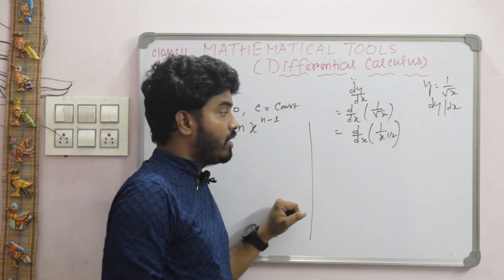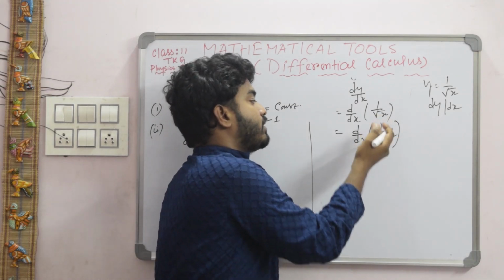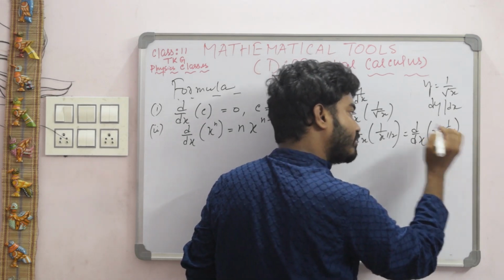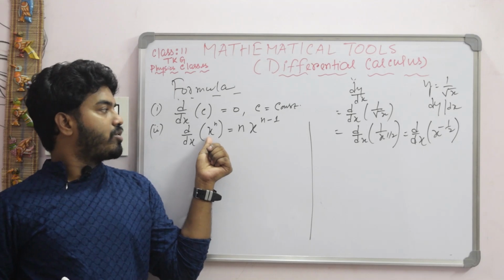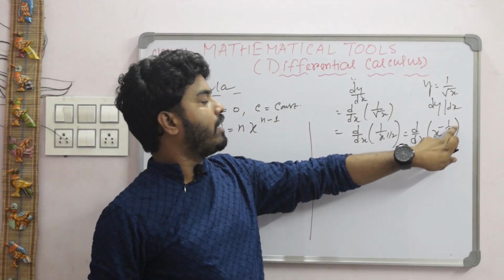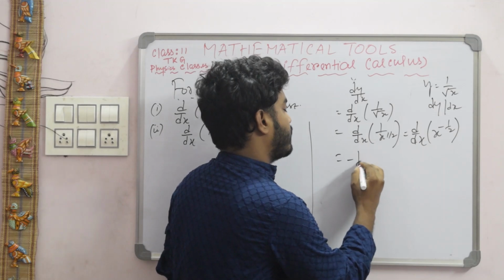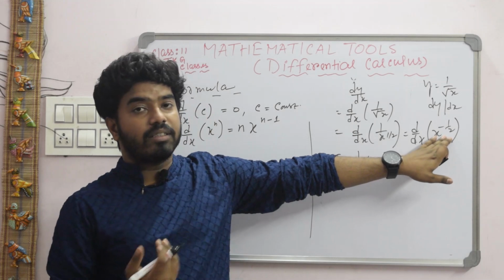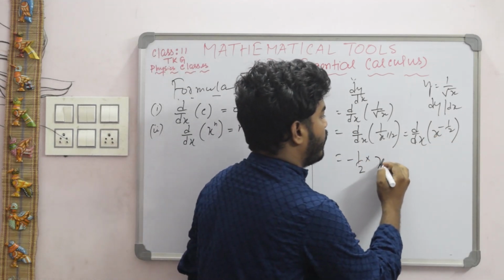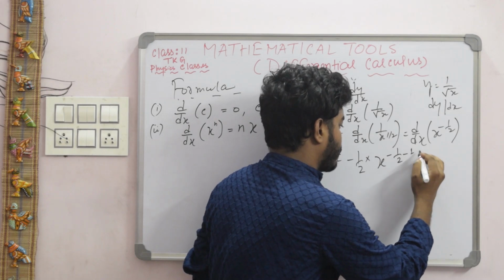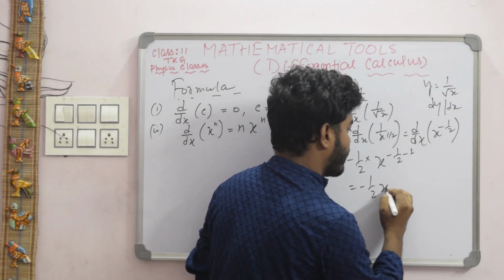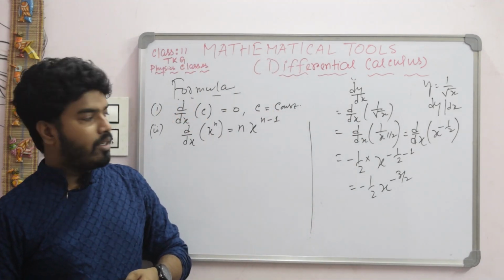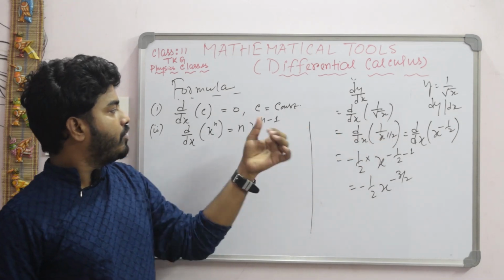Bringing it to the upper side, we can write d/dx of x to the power minus half. Comparing with x to the power n, minus half comes first, then the power of x decreases by 1, so it will be minus half x to the power minus half minus 1, that is minus 3 by 2. So this is the problem according to this formula.